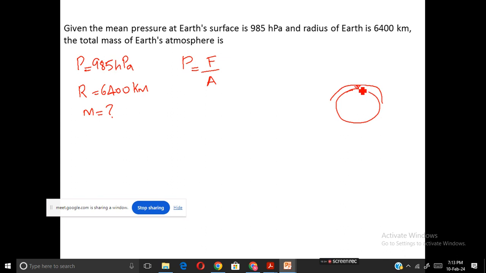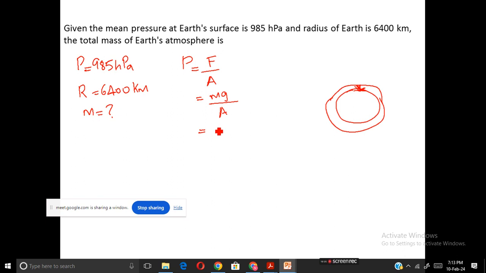So the force exerted by the atmosphere at the surface is mass of the atmosphere into g, mg, by A. So A will be the area of the Earth. The atmosphere is an envelope surrounding the Earth, so along the whole area, the atmosphere is exerting this force on the surface of the Earth.